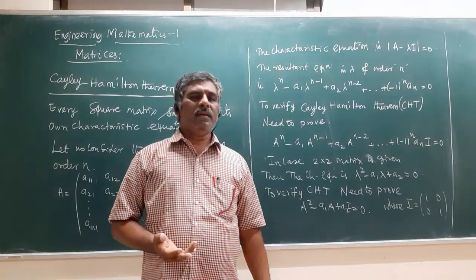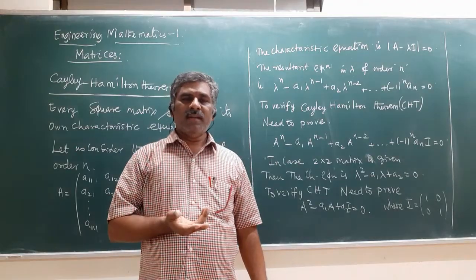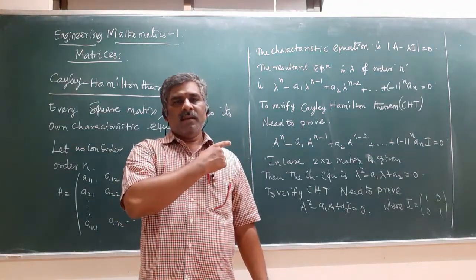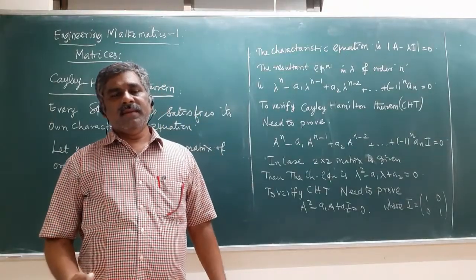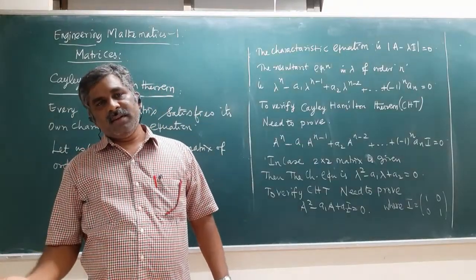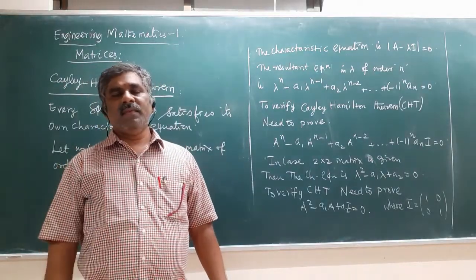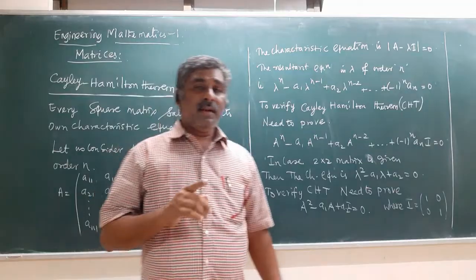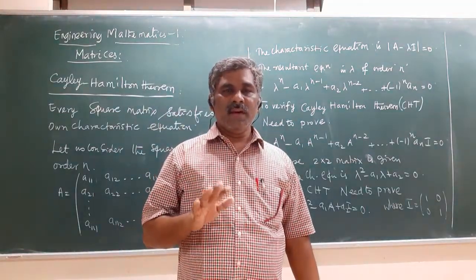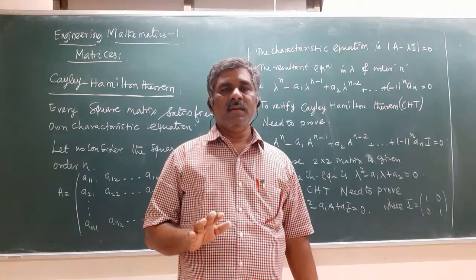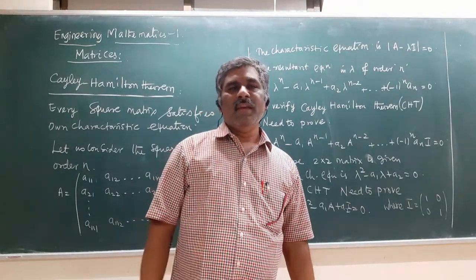If you find the characteristic equation of a 2 by 2 matrix, you get a quadratic equation in lambda. In case a 3 by 3 matrix is given, the characteristic equation is a cubic equation in lambda. In case an nth order square matrix is given, the characteristic equation is an nth order equation in lambda.